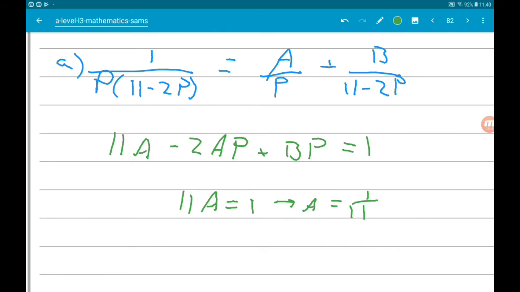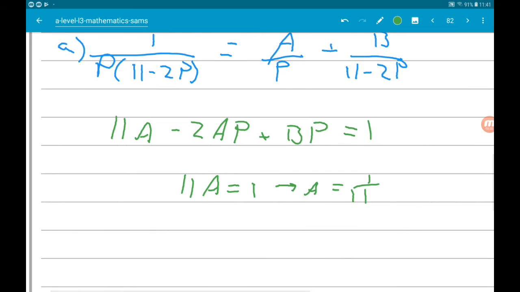And then we don't want any p's up on top, so we know that the coefficients of the p's have to add together to 0. So that tells us, now that we know that a is 1/11th, that minus 2/11ths add b is equal to 0. So b is equal to 2/11ths.